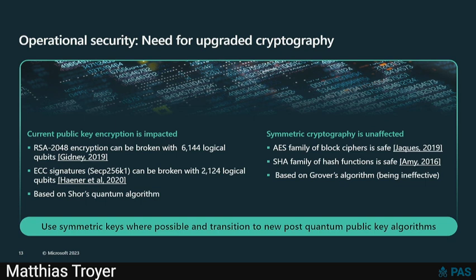One easy thing one can do right away is, wherever possible, use symmetric cryptography. There have been claims often that because one potentially uses Grover's algorithm to break symmetric key crypto, one will have to double the key size.